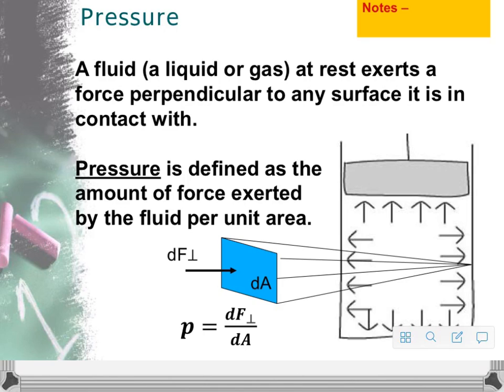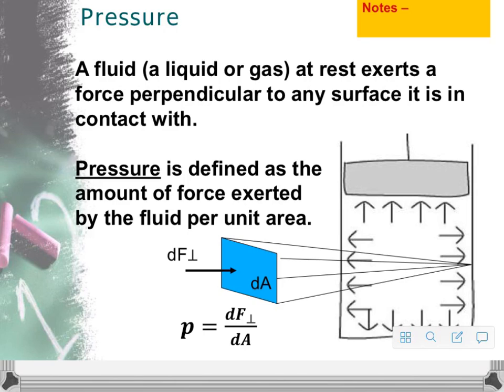We can zoom in to a little chunk of the wall and take an infinitesimal amount of area dA, and the force that the liquid exerts perpendicular to that area divided by the area itself gives you the pressure. So in terms of a derivative, pressure is equal to dF/dA, and that force is always perpendicular to the wall.